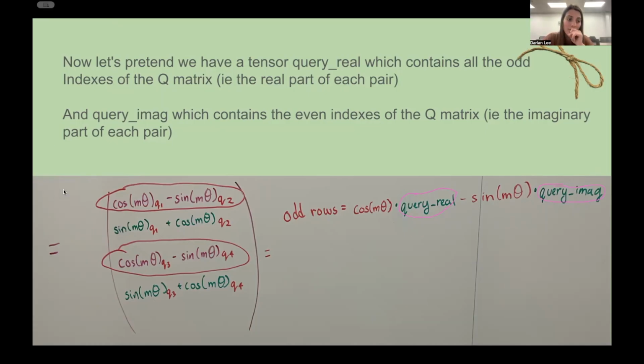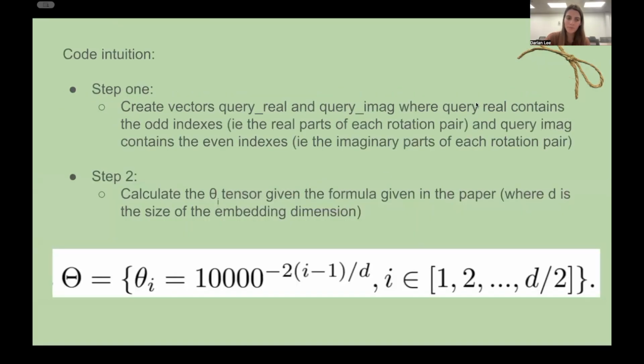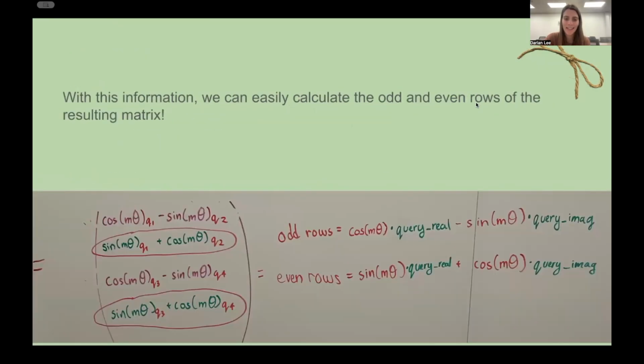And we can do the same thing for the even rows. So essentially, in just one equation, we can calculate this entire matrix. We can calculate all the odd rows and all the even rows. And all we would have to do at that point is reshape it to make it the same shape as the original query or key, and then we'd be completely done.